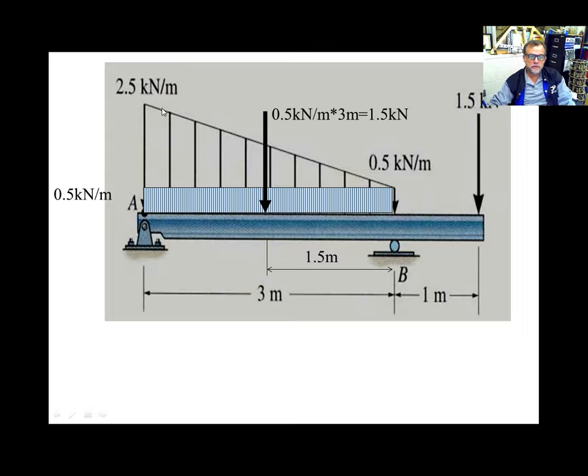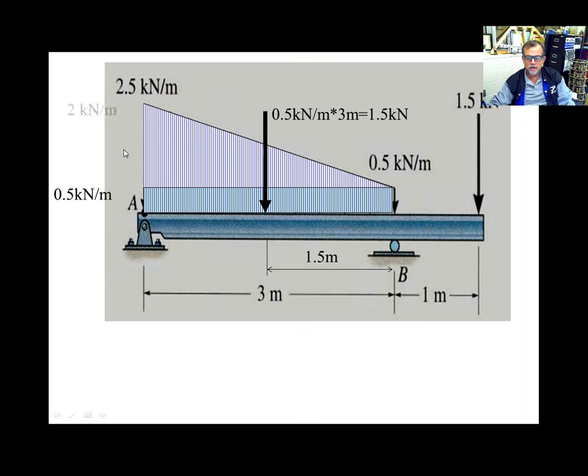Now, what about the triangular load here? Well, how much is this height? 2.5? Nope, it's not 2.5. 2.5 is the total, and I already used 0.5, so the height here is going to be 2, and that's my triangle, and the resultant force is going to be the area, 2 times 3 divided by 2.